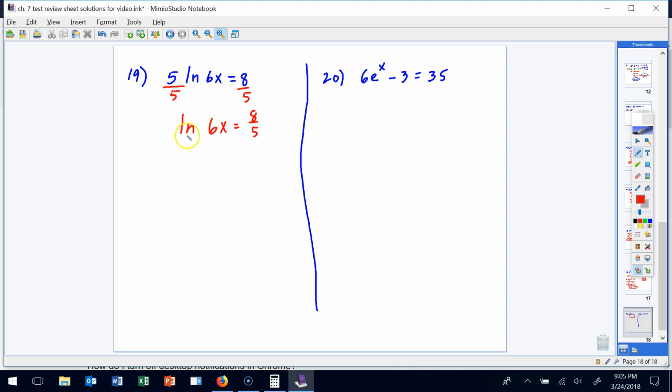And now I need to change this natural log equation into an exponential equation. And remember, natural logs have base e. So when I change this to an exponential equation, it's going to say e to the 8/5 power equals 6x. All right, so we need to grab our calculator again. And this time you're going to hit the e to the x button.